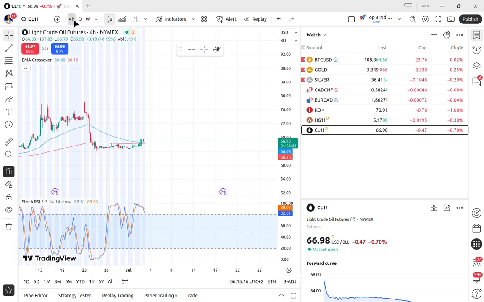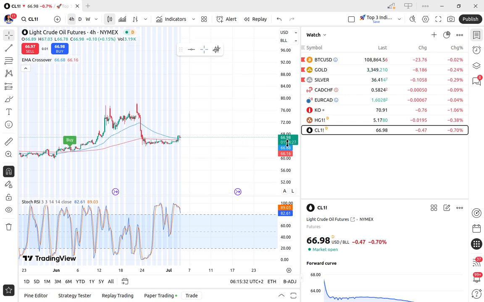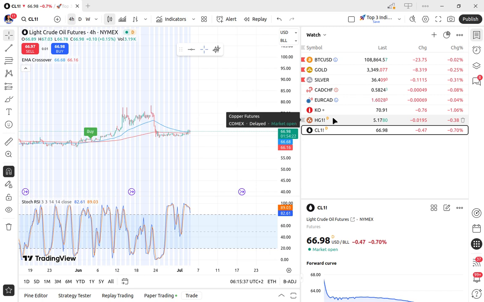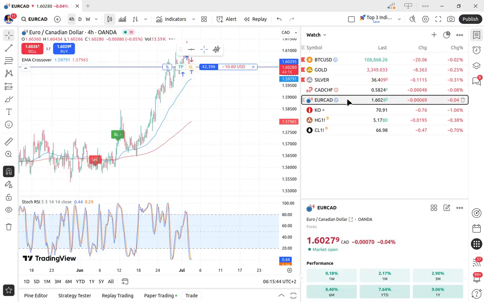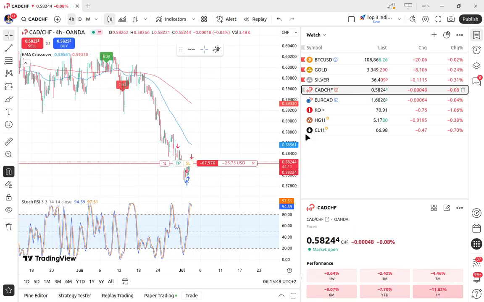We have a reversal on the oil prices, so I think I would watch oil prices as well, waiting for them to crash, which is crazy to me. So the oil prices are definitely going to crash, so I'd keep an eye out on oil and copper prices. And this is 50x margin, by the way.